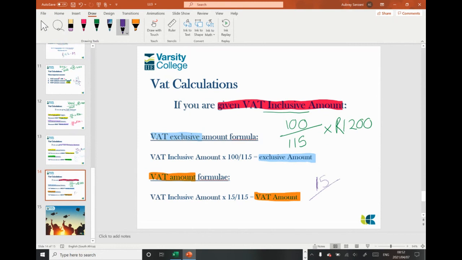But what do we have? We have 115, and then we know what we have, the rand amount, is 1,200. All right, so guys, that is that from a theory perspective, and then obviously we just concluded with these formulas.